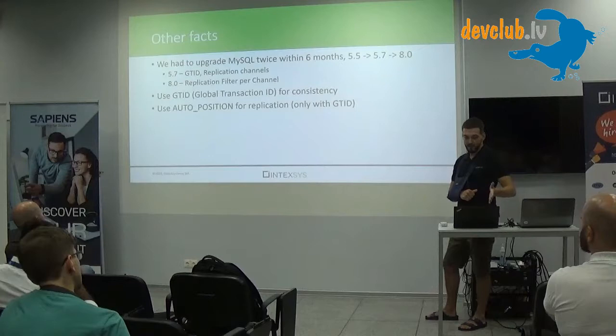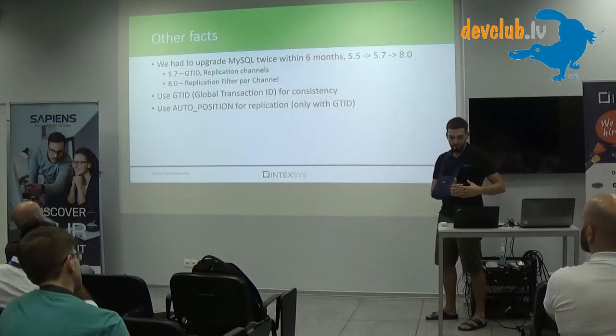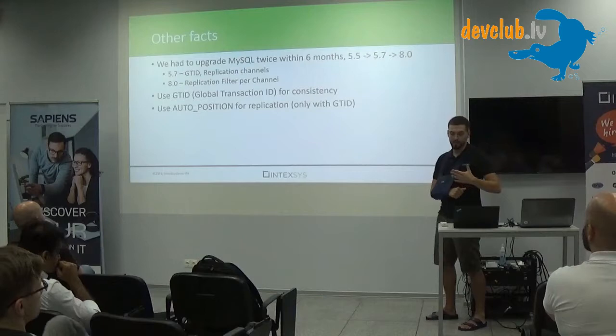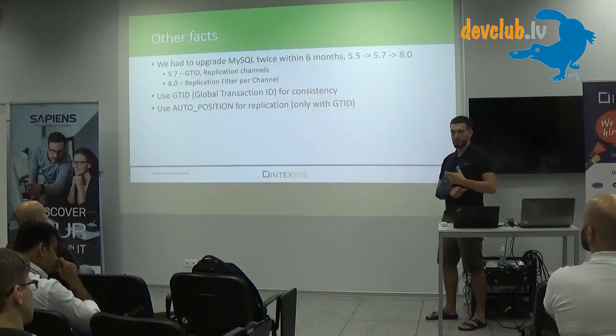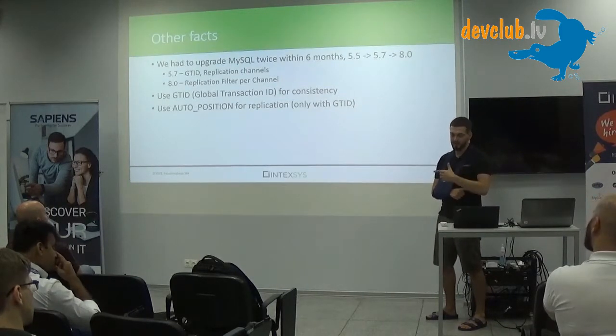Before MySQL 8 replication, you didn't have the ability to configure a replication filter per channel. But in MySQL 8, you can do that. So we filter the tables that we don't want to replicate, and the replication is replicating only data that we need.